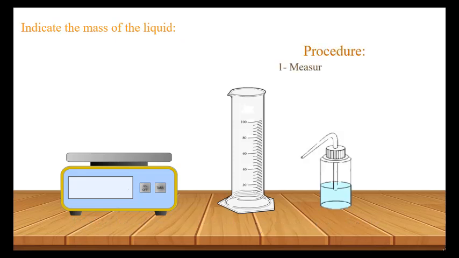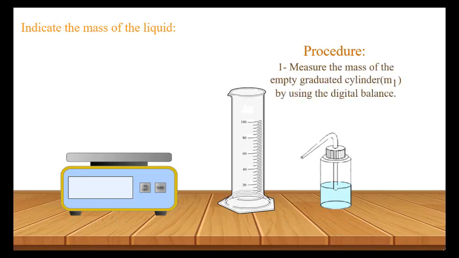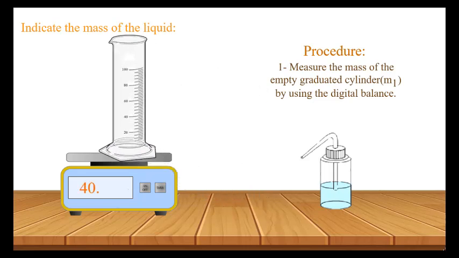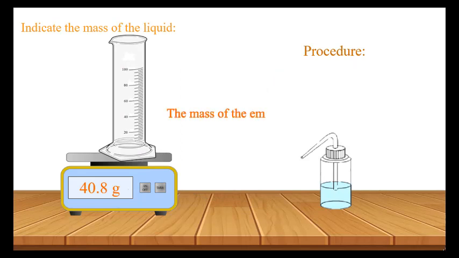Procedure. First of all, you have to measure the mass of the empty graduated cylinder by using the digital balance. Put it. This balance gives 40.8 grams. Then, the mass of the empty graduated cylinder, that is symbolized by M1, is 40.8 grams.